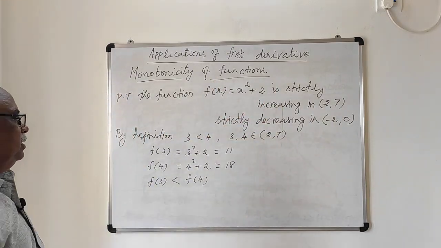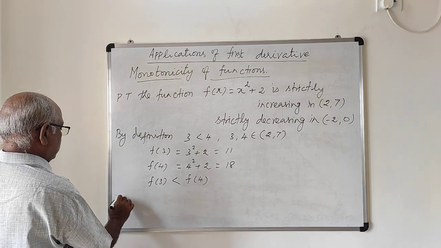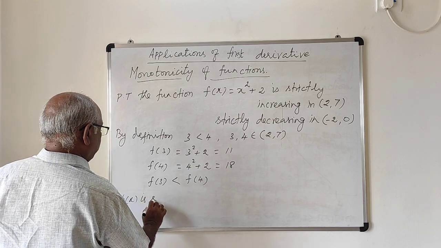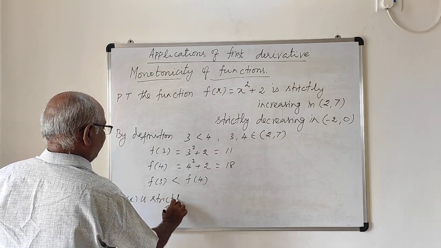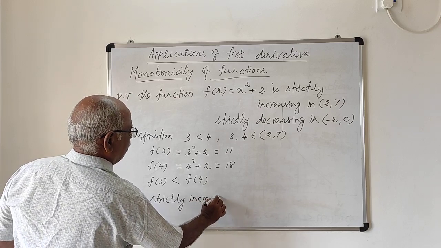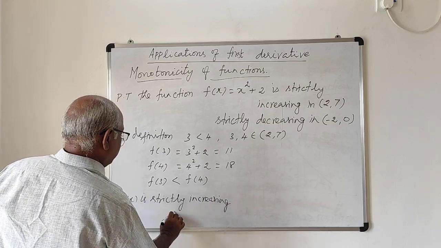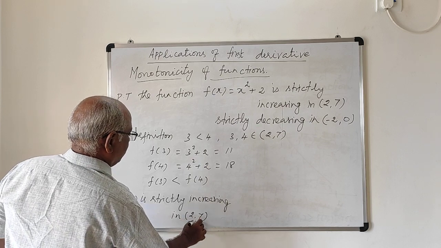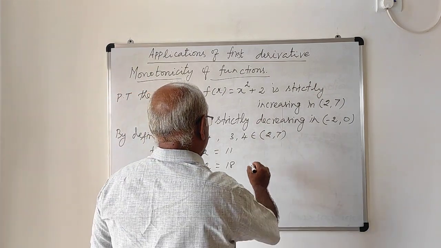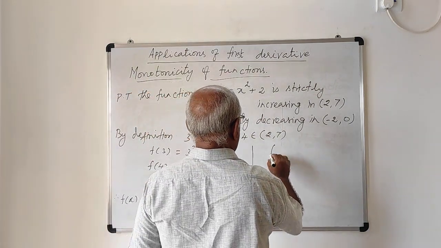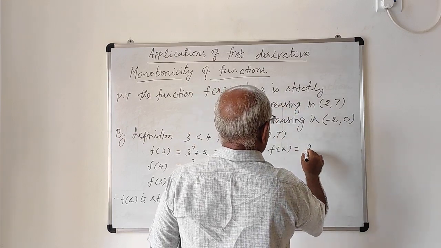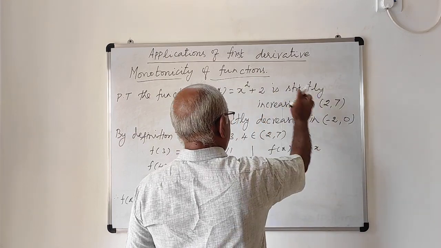By using this definition, f of x is strictly increasing in the interval 2, 7. Similarly, by first derivative, differentiating the function f of x equal to x square plus 2, the derivative of x square is 2x plus derivative of 2 is 0.